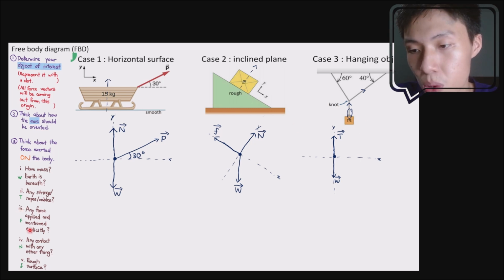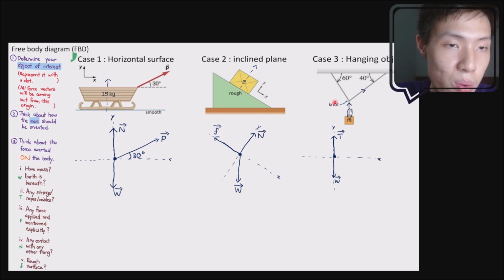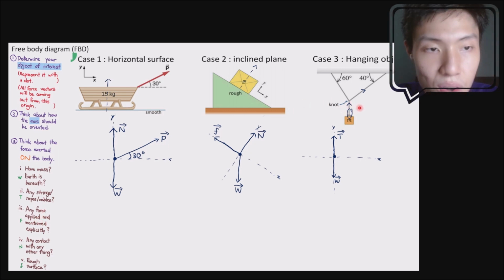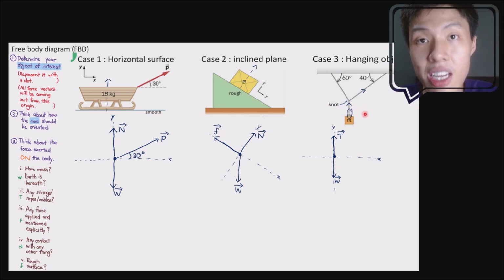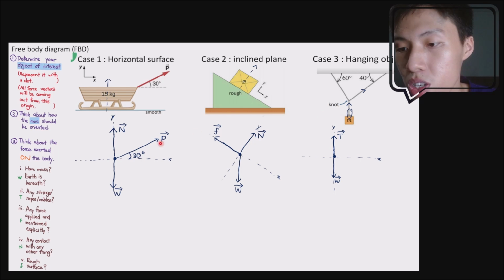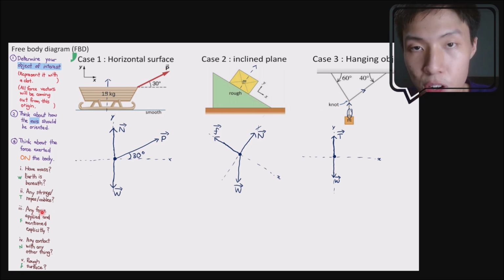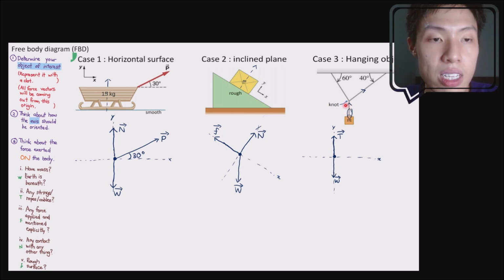Let's move on to the third question. Any force applied and mentioned explicitly? Well, do you see any words or any diagrams, arrows that show that there's a force being exerted explicitly? No, you see nothing being labeled over here. So in that case, there is no external force. Fourth question, is the mass M over here in contact with any other thing? Well, the only thing it is in contact with is the rope.